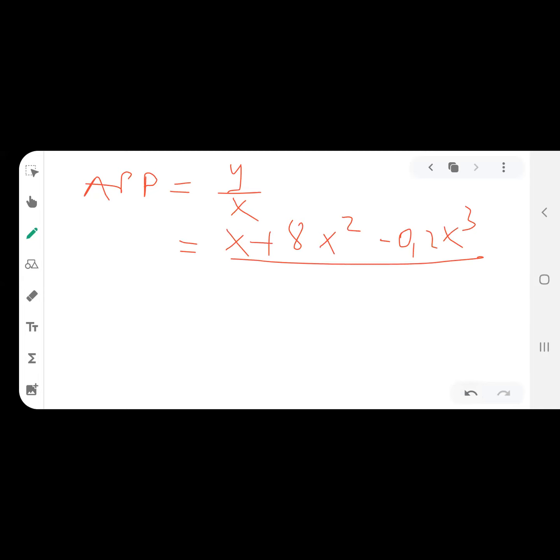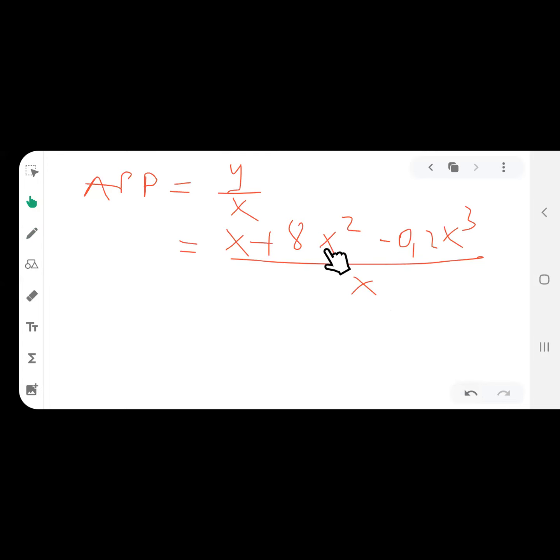Let's derive the APP, which is equal to Y over X. So your Y is x plus 8x to the power 2 minus 0.2x cubed. So we divide it by x, meaning that every term is divided by x. This x is divided by this x.